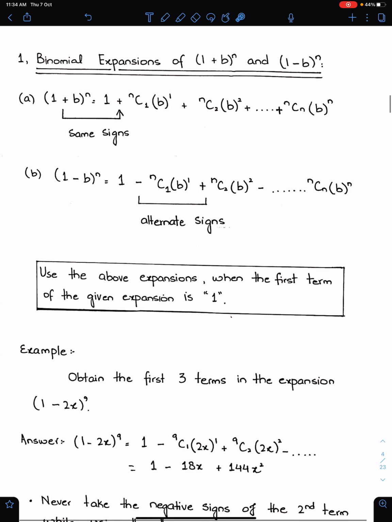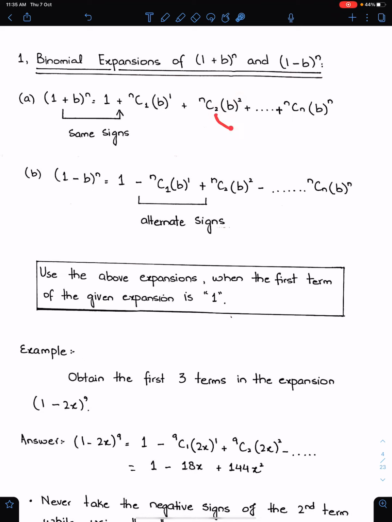Binomial expansions of (1 + b)^n and (1 − b)^n. This is the way to expand this expansion. So (1 + b)^n can be expanded in this way: 1 plus nC1 second term b with power this number 1, plus nC2 second term b with power 2.